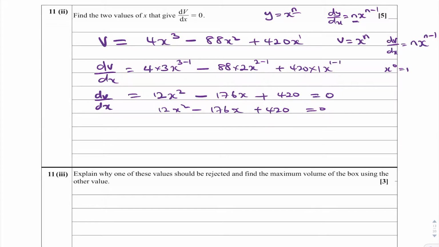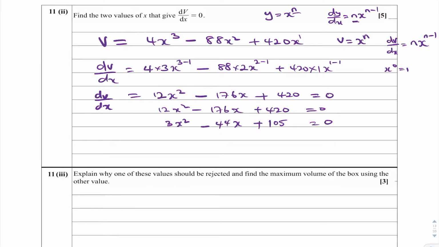So 4 goes in 12, that's 3x squared, minus 4 goes in 176, that will be 44x, plus 4 goes in 420, that's 105, equal to 0.